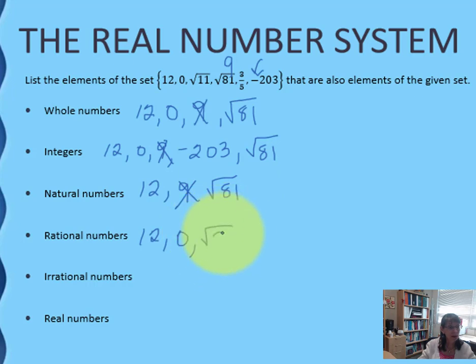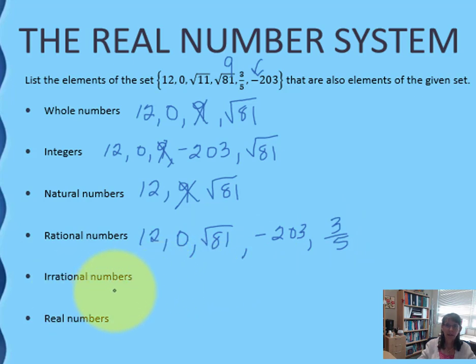So square root 81 is a rational number. Negative 203 could be written as negative 203 divided by 1, so that is also a rational number. Now let's look back to the original list, and you will see that 3/5 already is written as a rational number, so don't forget to include 3/5 with the rational numbers.